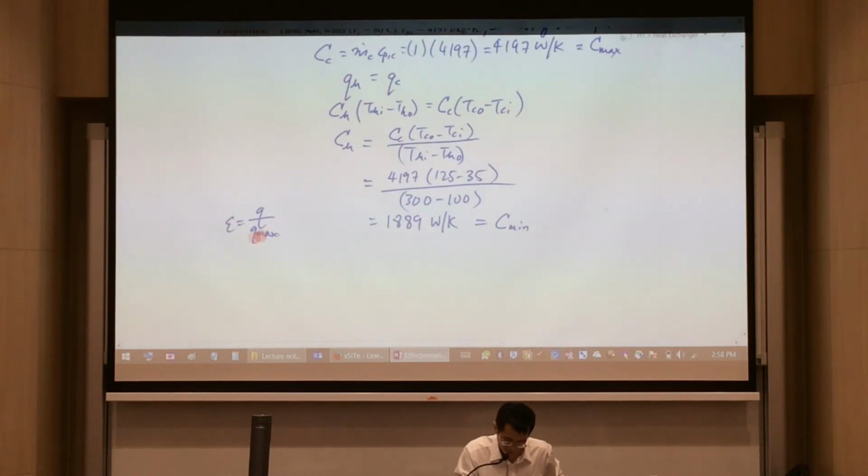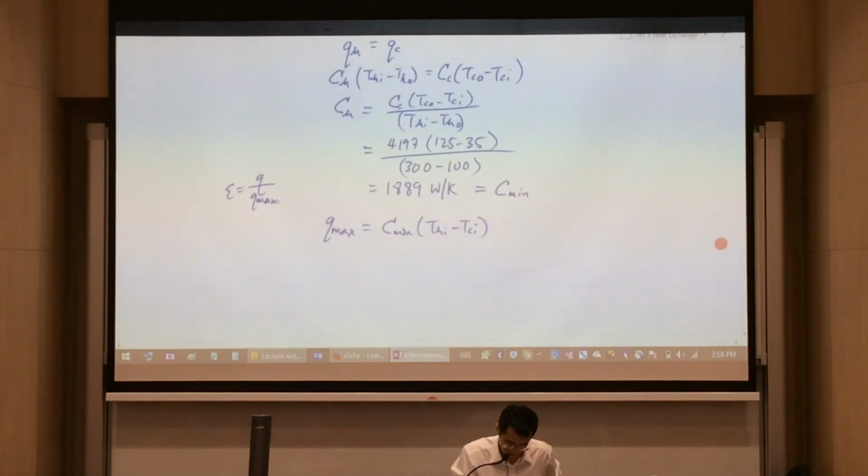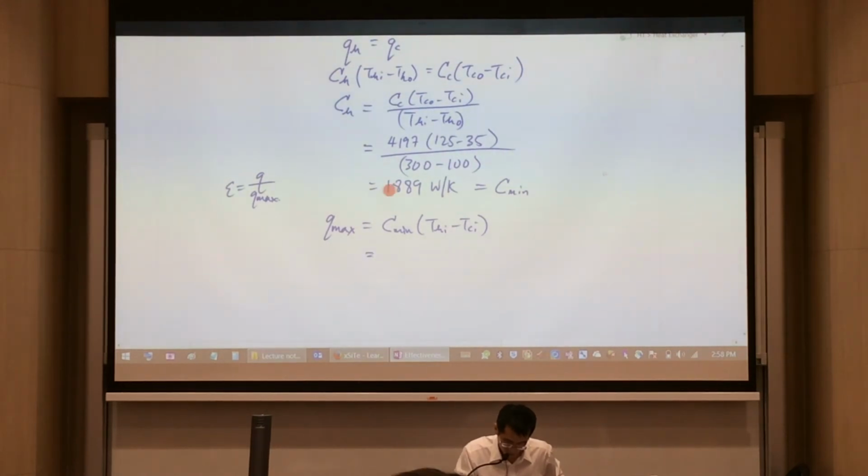Later on I'll make use of this, but for now I need to find Q_max first. Q_max, as we have seen before, is C_min multiplied by (T_hi minus T_ci). C_min, as we found, is for the hot fluid, 1889, multiplied by the temperature difference, 300 minus 35. Work it out, and you get 5 times 10 to the power 5 watts.